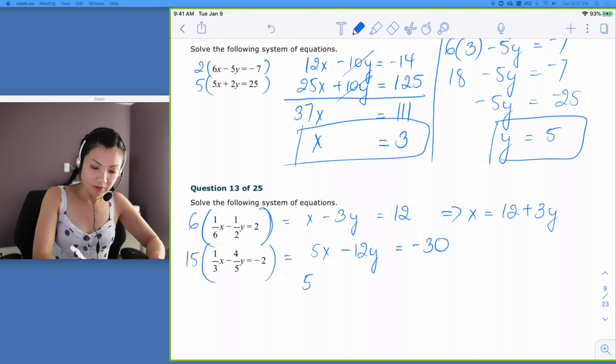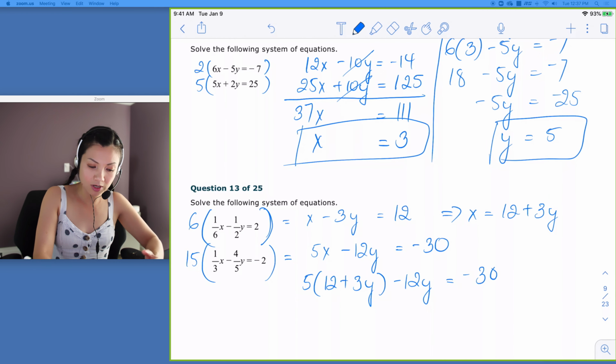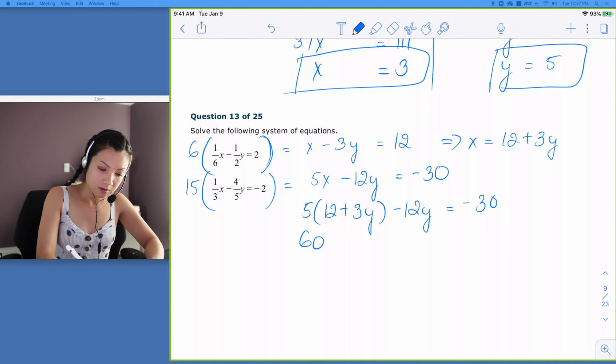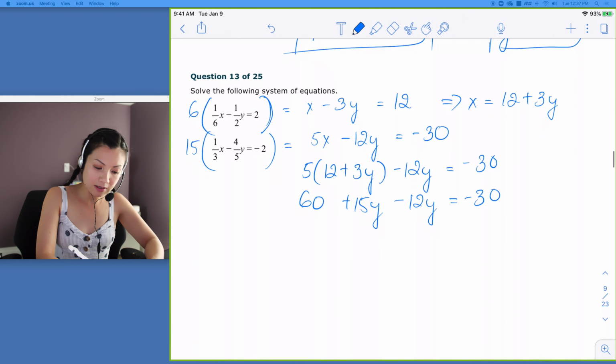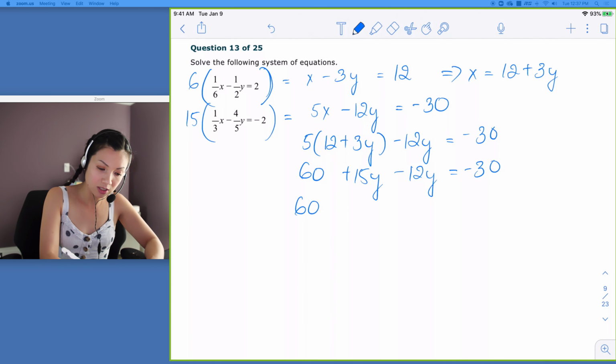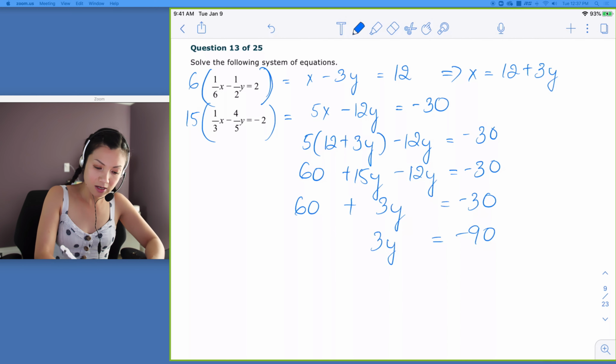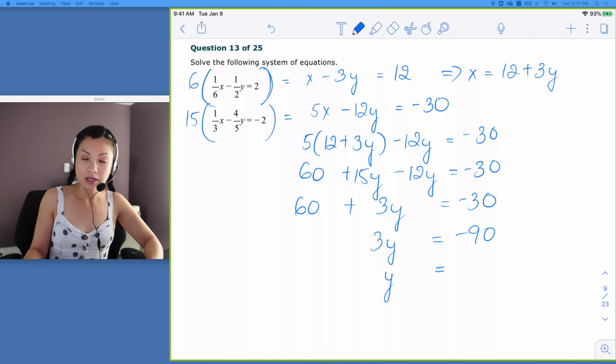So I have 5 here, 12 plus 3y minus 12y equals negative 30. If you think elimination is easier, you go ahead and do elimination. So what I have here is negative 90, and then when I divide by 3, I'm gonna get negative 30.